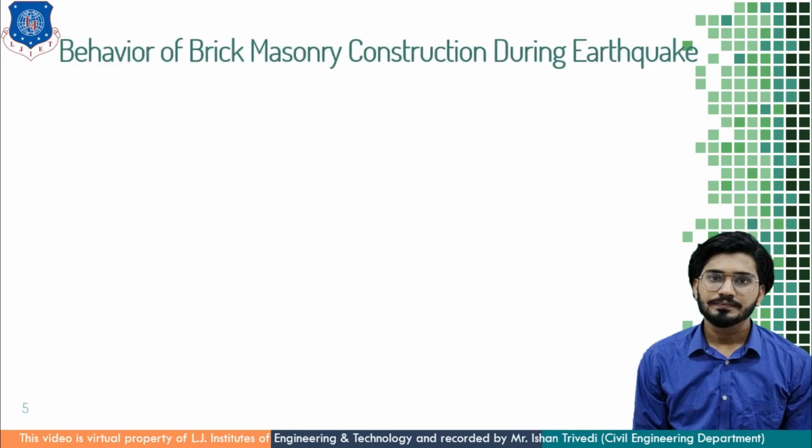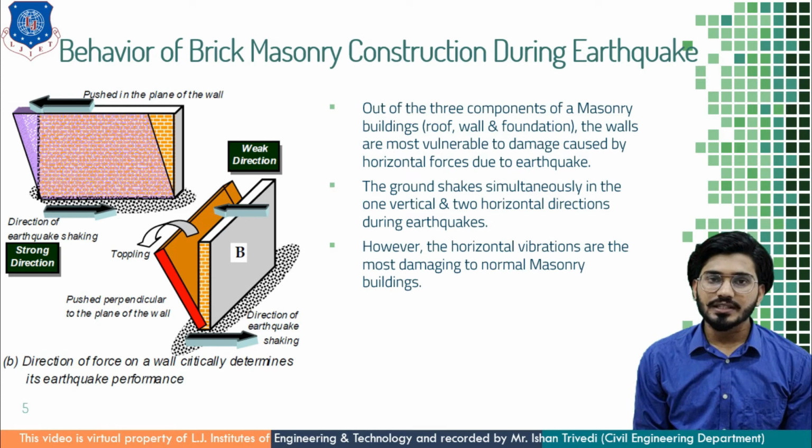Furthermore, out of these three components, roof, wall and foundation, the walls are the most vulnerable, or you can say the weakest part, which is damaged by horizontal earthquake forces. Horizontal earthquake forces are among the most dangerous forces which act upon wall, roof and foundation.